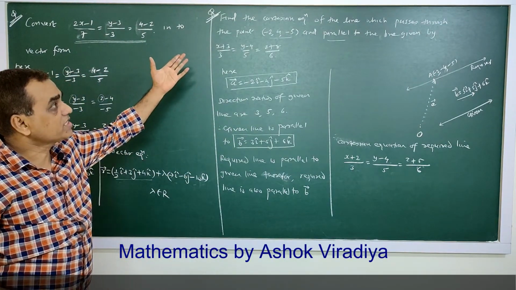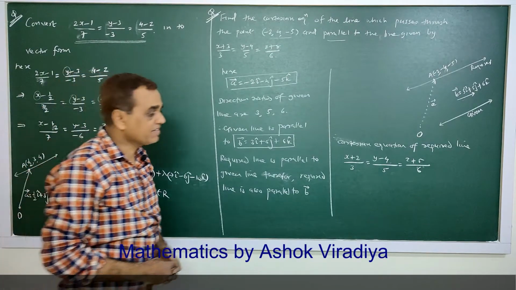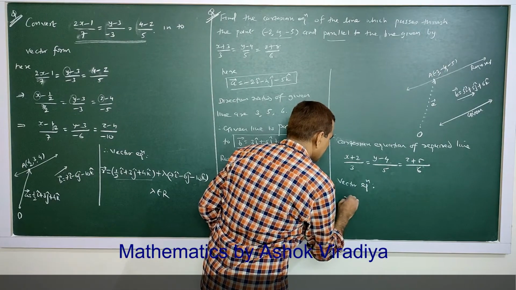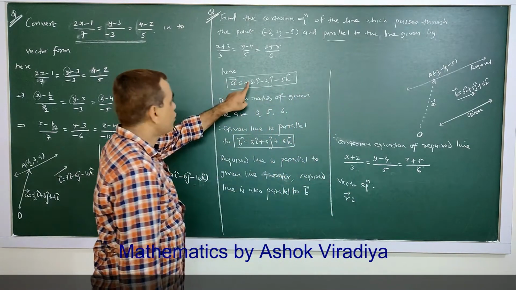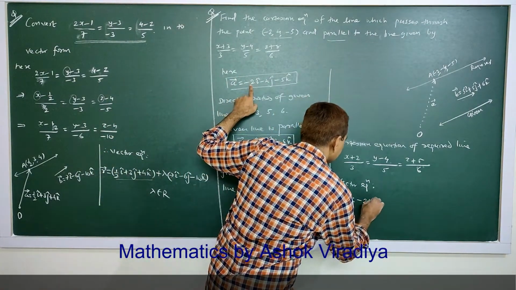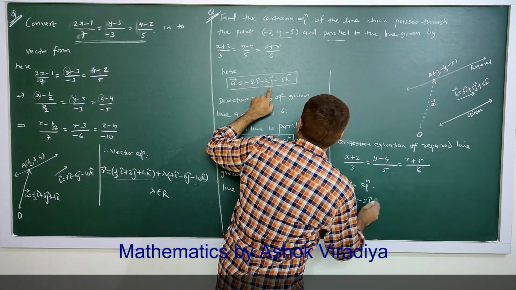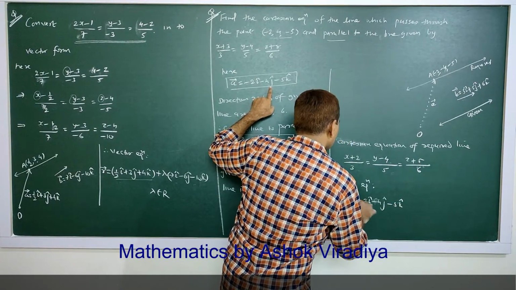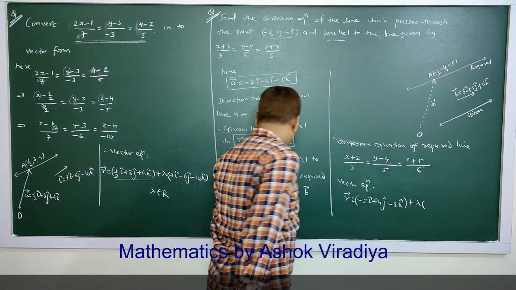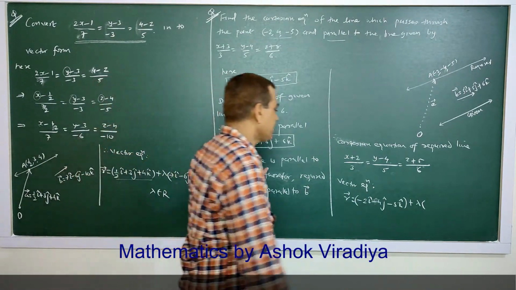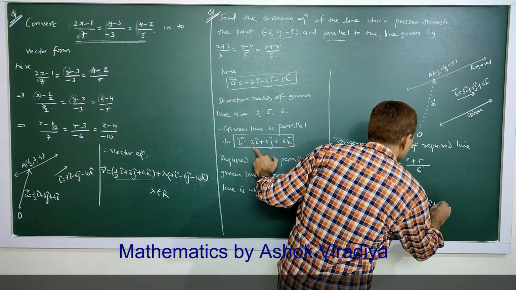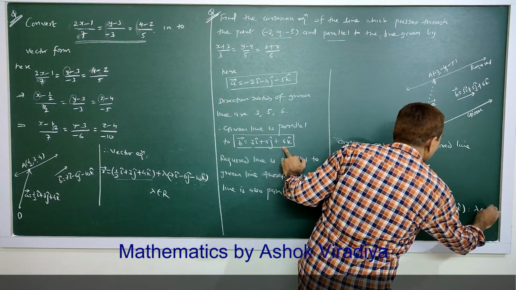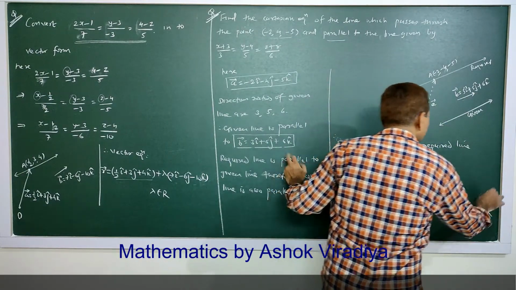Here the vector equation is not asked, but we can put it. The vector equation is: vector R is equal to vector A, that is minus 4j minus 5k, plus lambda times 3i plus 5j plus 6k, lambda belongs to R. So this is the vector equation.